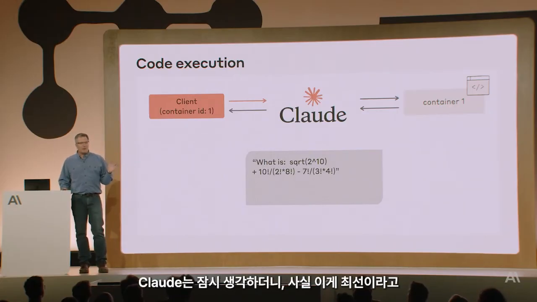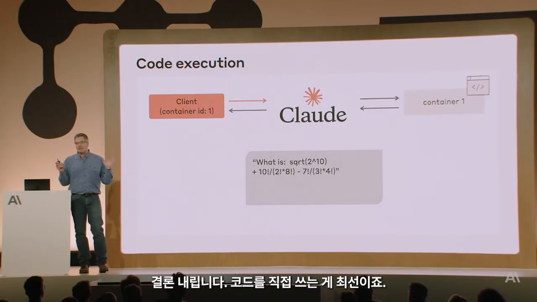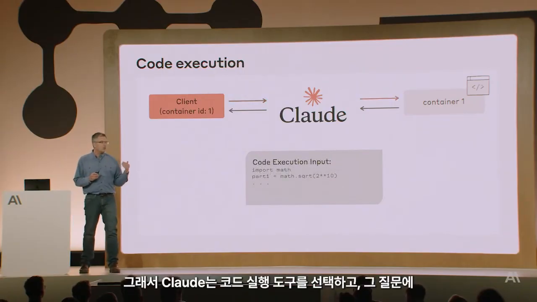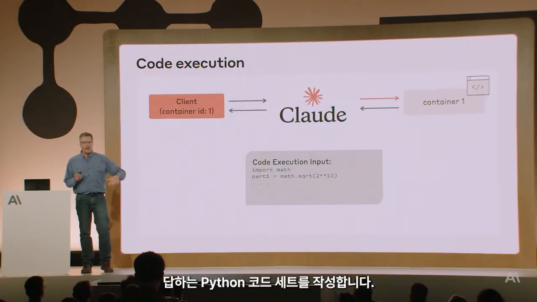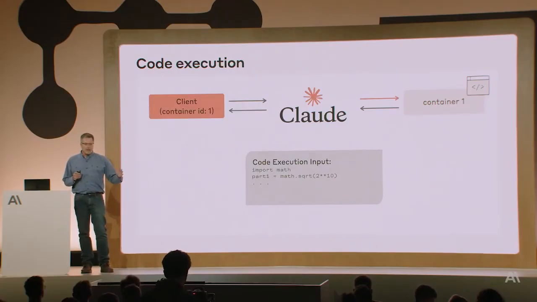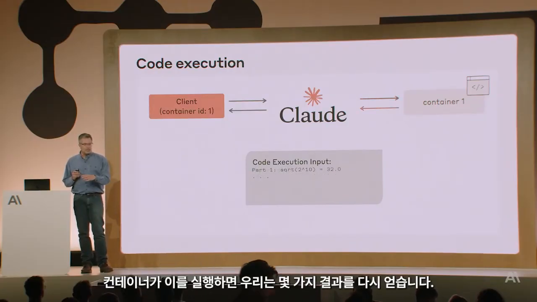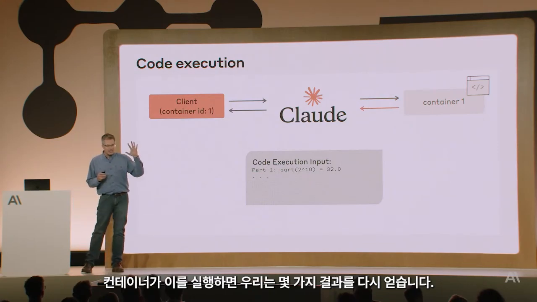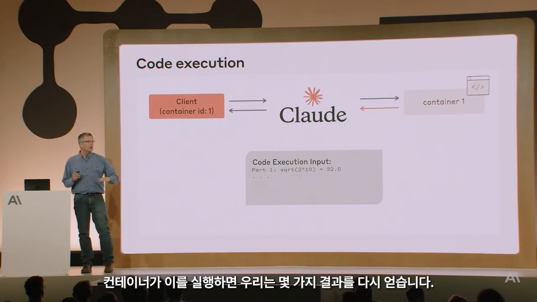Claude thinks about that for a minute and decides that actually this is best done by writing code. So Claude chooses the code execution tool, writes a set of Python code that will answer that question, and then we hand it over to the container. The container executes that, and then we get some results back.